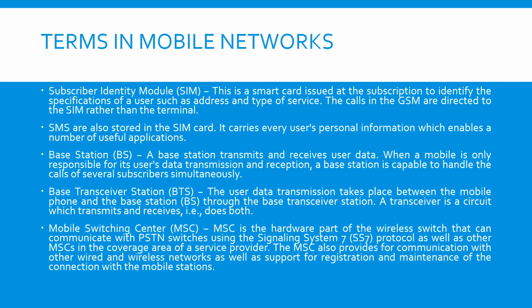So any call which is made to a particular subscriber identification module is received by that particular person only. That is why we have a unique mobile number, and this unique number, when dialed, reaches the particular person only. So when dialing somebody's number, the call is not diverted to somebody else. This is due to the SIM module.